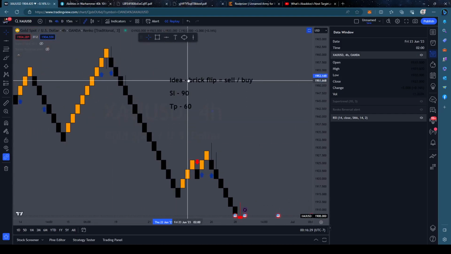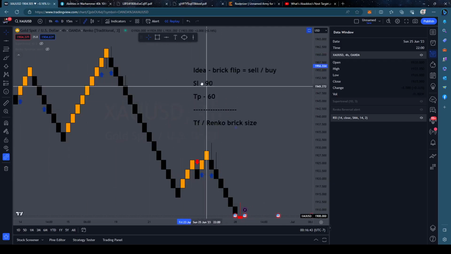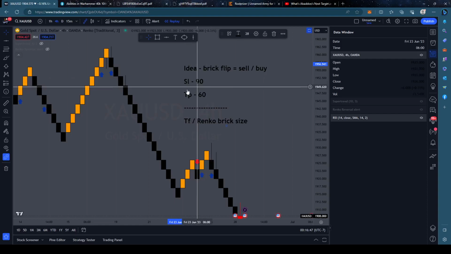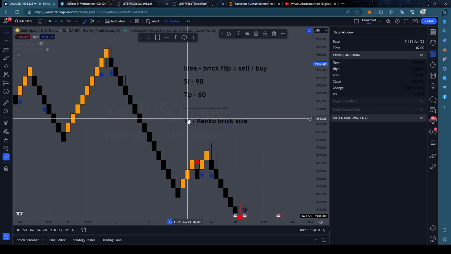Other variables that you can do in Renko, additional variables, would be your time frame and your Renko brick size. So these are all of your variables: why you get into the market, where you get out of the market, where you TP and get out of the market, and then obviously your time frame and your Renko brick size.